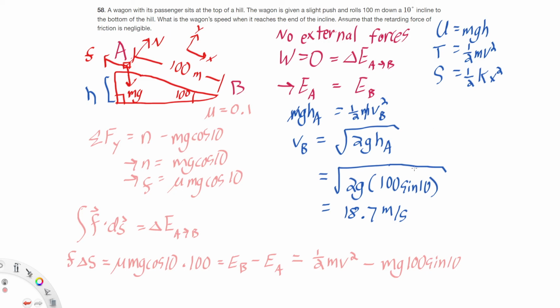So like we had in the blue, we realized there's an m in every term. So the m's cancel out, and we can solve for v. So now instead of just having a 2gh in the numerator, we're going to have a 2. Oh, you know what? I forgot a negative sign here, because the friction and the displacement are going in opposite directions.